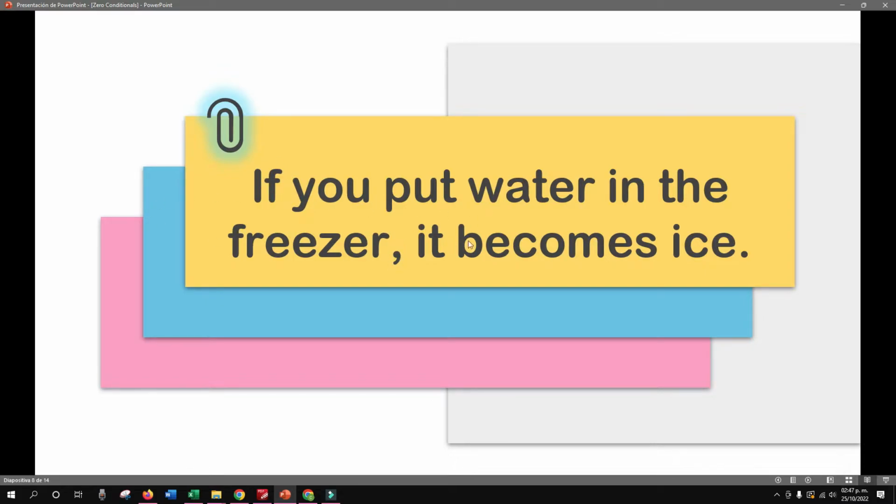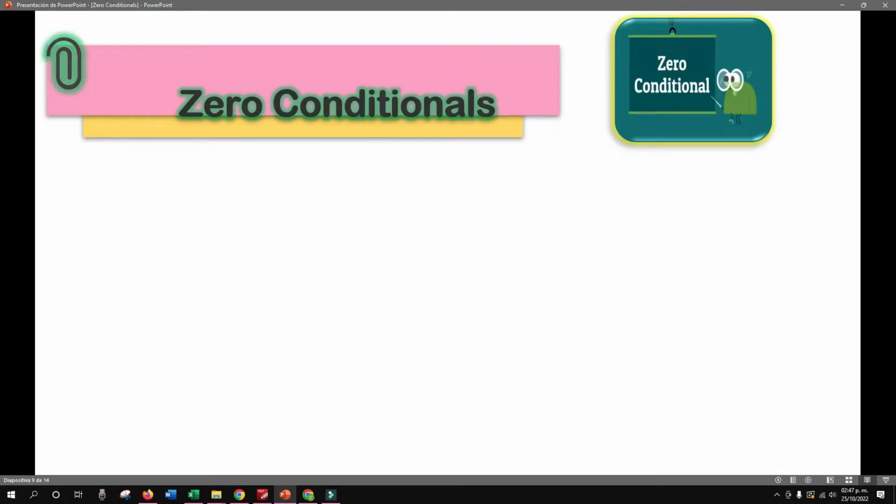Sería, it becomes ice if you put water in the freezer, period, right? Solo van a utilizar la coma cuando ustedes inicien la oración con if, ¿verdad? Si ustedes inician la oración con la main clause, ustedes ya solo van a colocar if sin coma, ¿verdad? So pay attention to that, right?